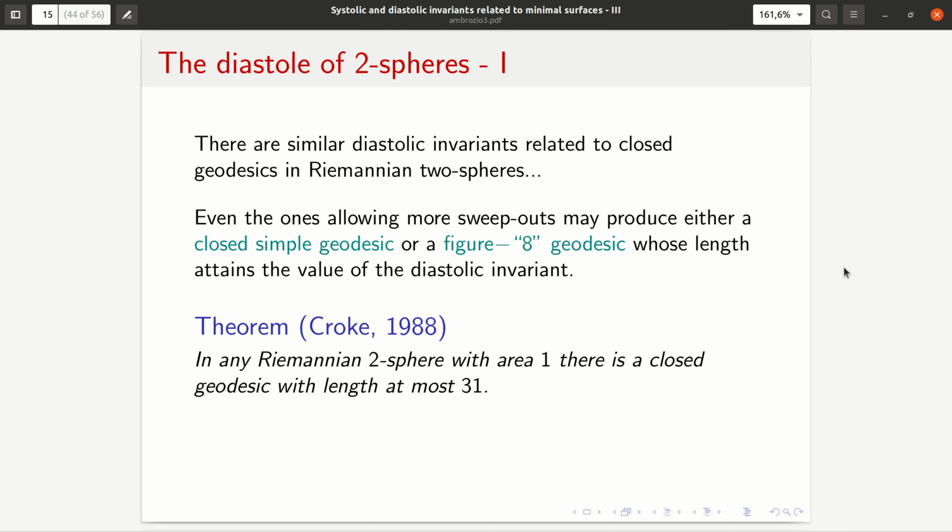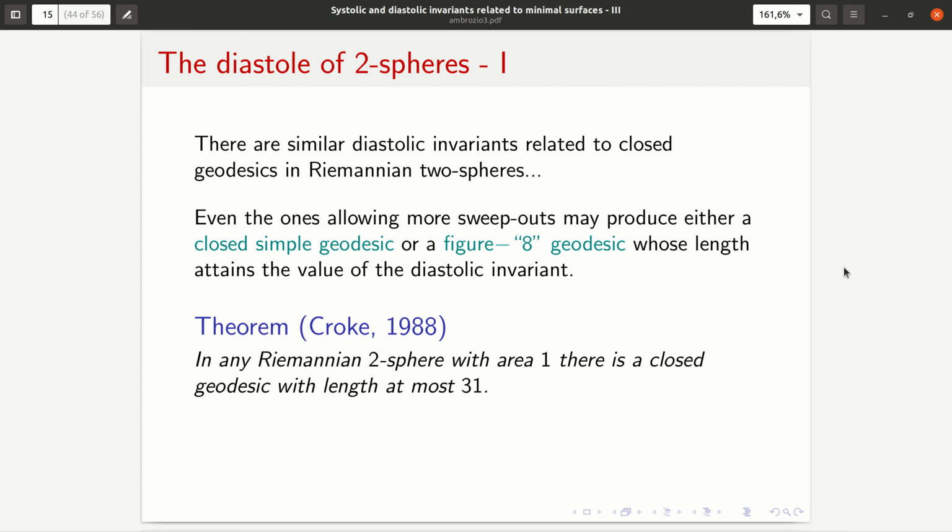He showed that any Riemannian two-sphere with area 1, say, contains a closed geodesic with length at most this number 31. So you have to think here of this closed geodesic as being the geodesic that realizes the diastolic invariant.